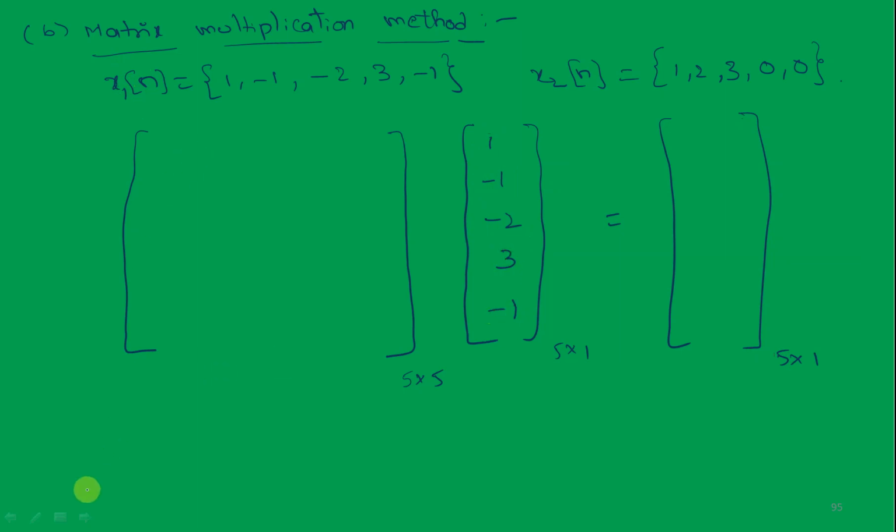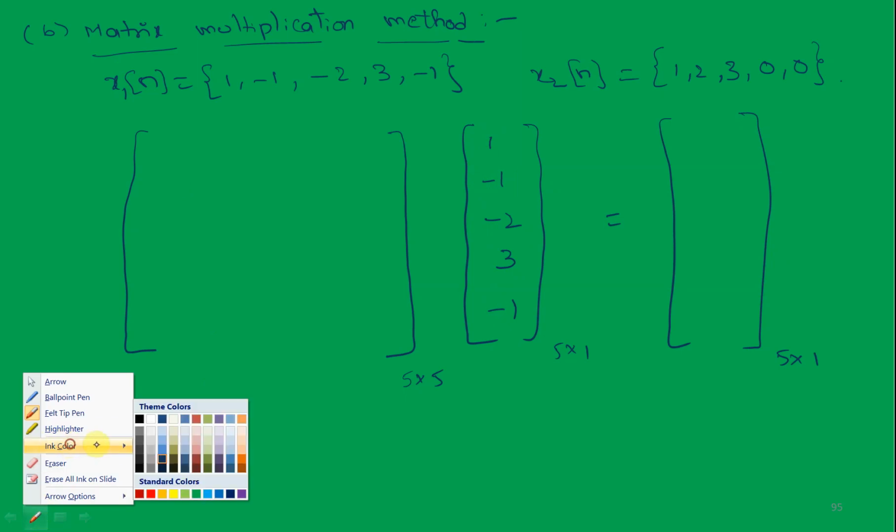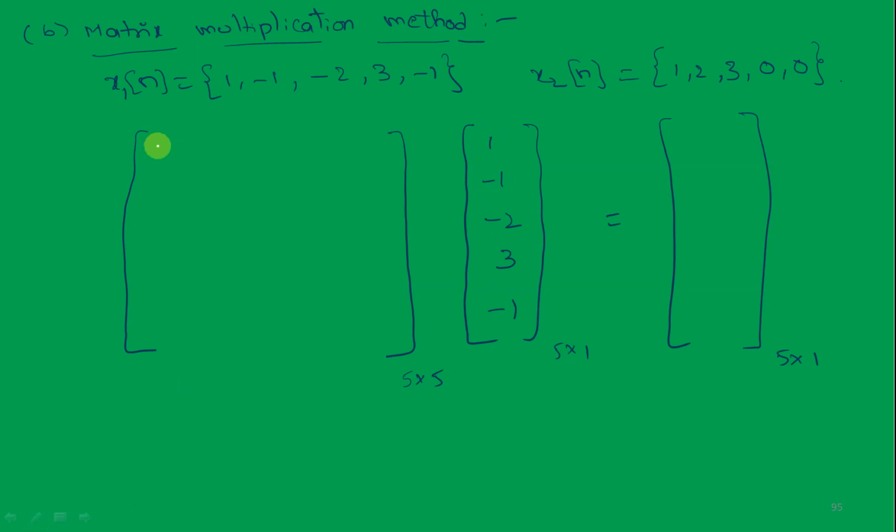Okay, so now first finish here x1 of n, that is 1, minus 1, minus 2, 3, minus 1. So now coming to this one here, 1, 2, 3, 0, 0. Now this 0 is located here. Okay, right? So that means 0. Next, same as it is, finish this one.